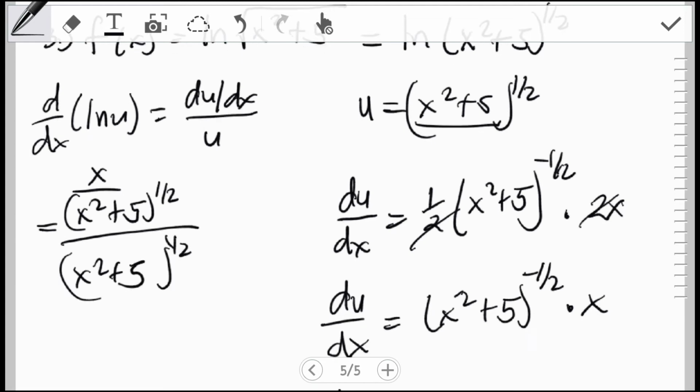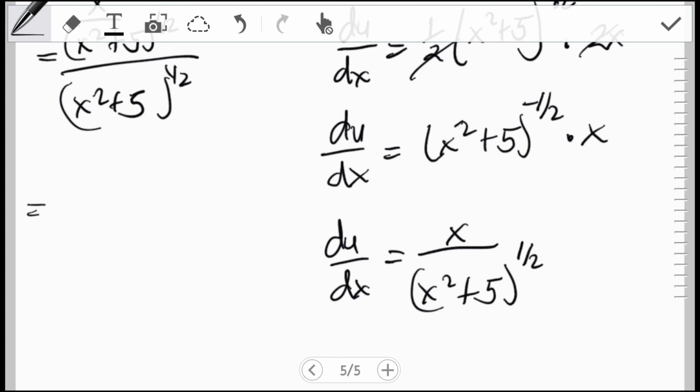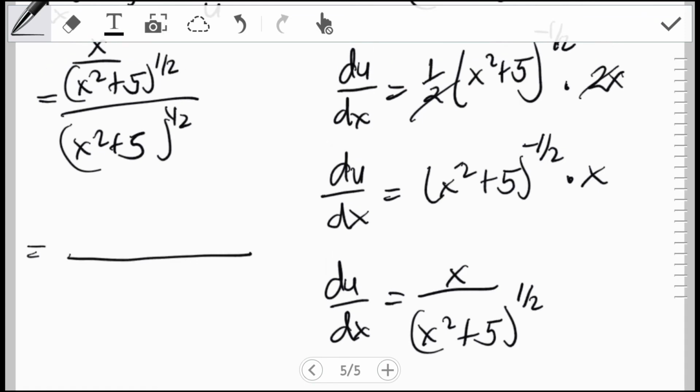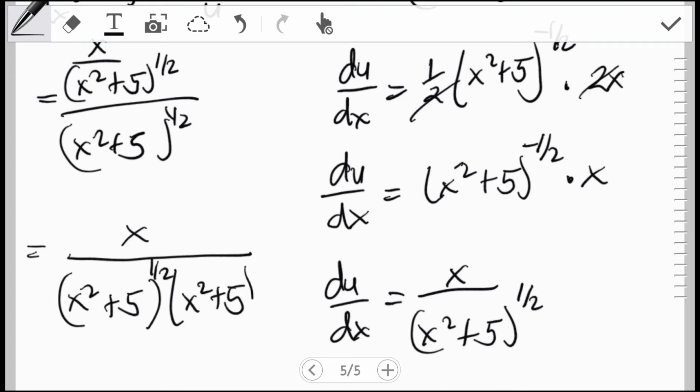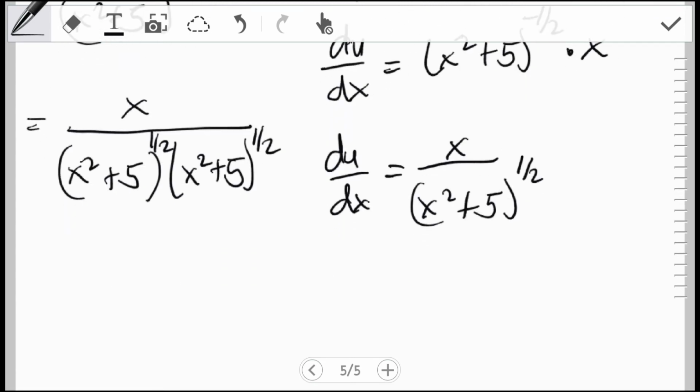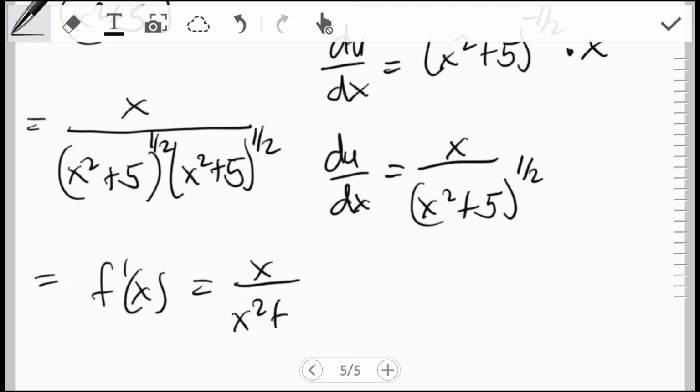Write it like this: x squared plus 5 to the power negative 1/2 times x squared plus 5 to the power negative 1/2, so 1/2 plus 1/2 is 1. Therefore the final answer is x over x squared plus 5.